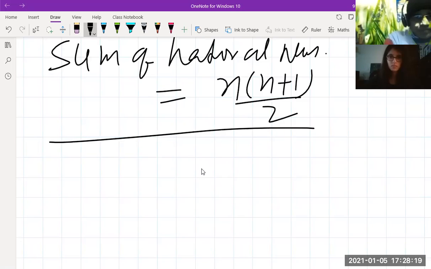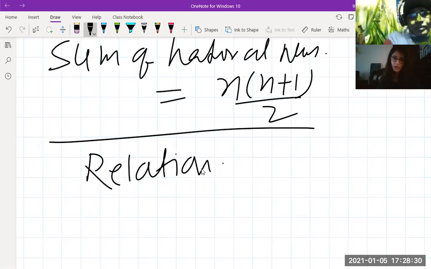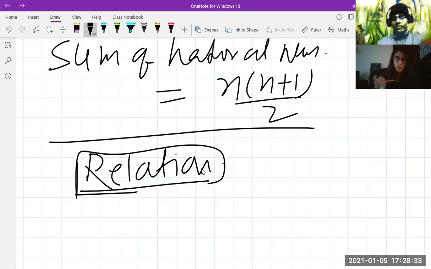Function. What is the difference between relation and function? What is a relation? Sir, where certain inputs have certain outputs. Yes.